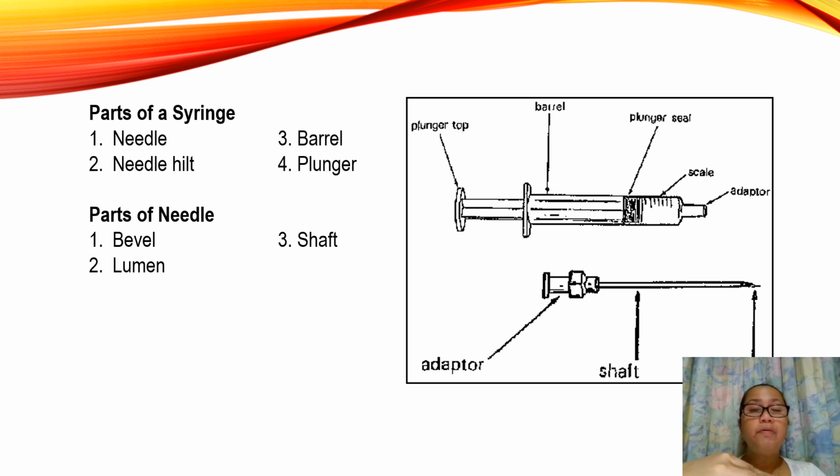Then we also have a barrel, then plunger top. And then yung reading, that is your scale. And then needle hub also is your adapter. Remember that needle hub is your adapter. The lumen is the bangag. The bevel is the hait, the pointed one. And the lumen is the bangag of the needle. Okay.